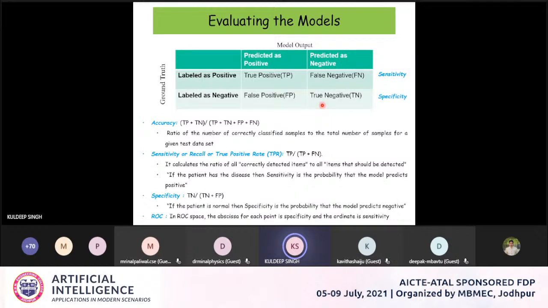So suppose we had 10 positive and 10 negative test images. So ideally, we should have 10 true positives and 10 true negatives and 0 false negative and 0 false positive. Based on these 4 numbers, we define certain parameters for the performance evaluation.